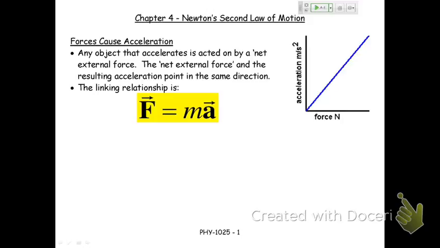The first thing we're going to talk about is they want to form the link of forces cause acceleration. We're used to the idea that forces cause motion, but in fact, we live in a friction-filled world, so that when we apply a force, there's usually a friction force that's cancelling us out, either completely or largely.